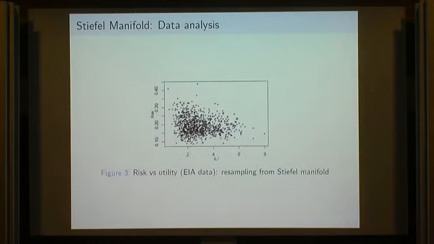Now we see the EIA dataset. We have generated 1,000 data matrices and computed risk and utility for each of them. Here the utility measure is very high, but the risk measure is not that high.